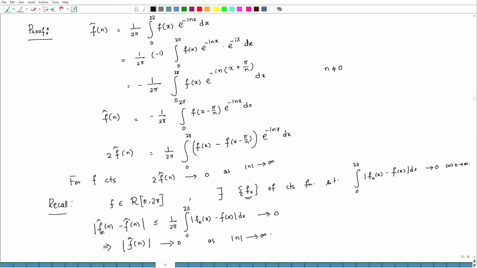So, now we need to see whether it is true that for every Riemann integrable function the Fourier series converges or not. In order to ask this question, let us understand the meaning of convergence.